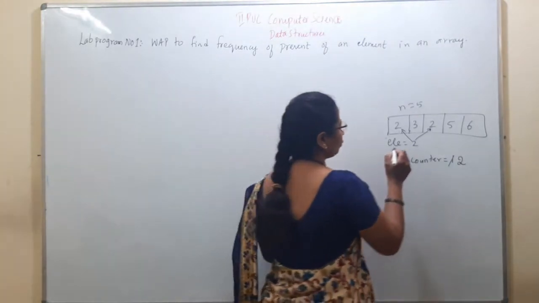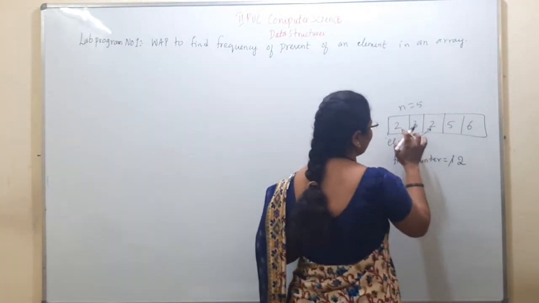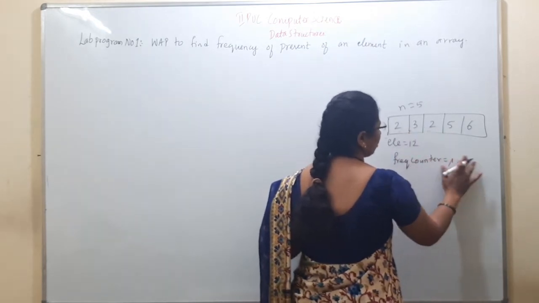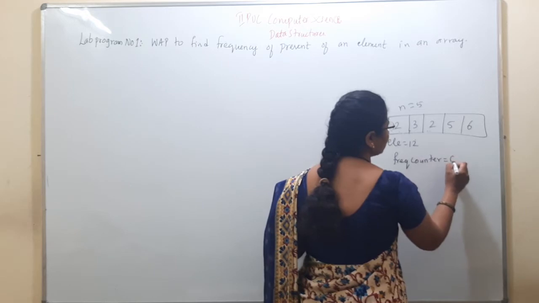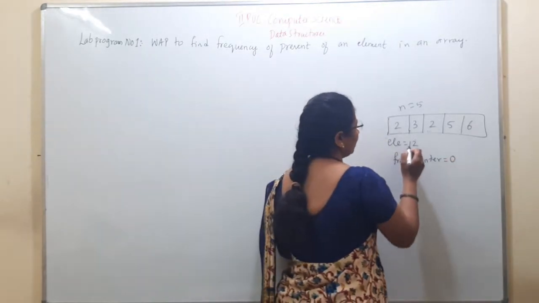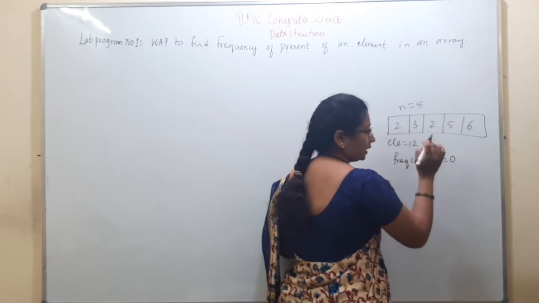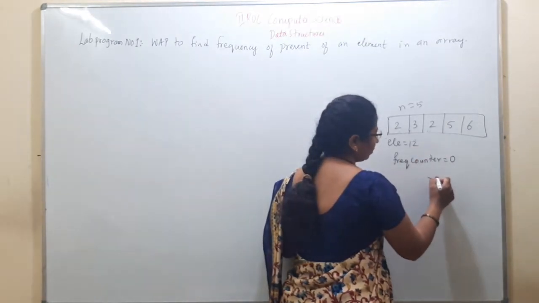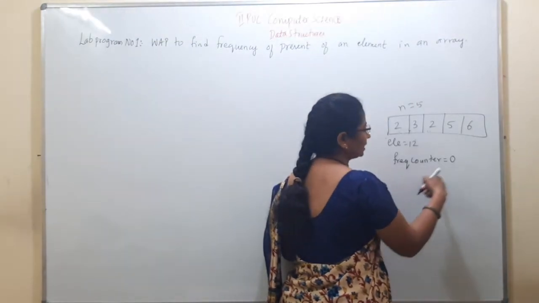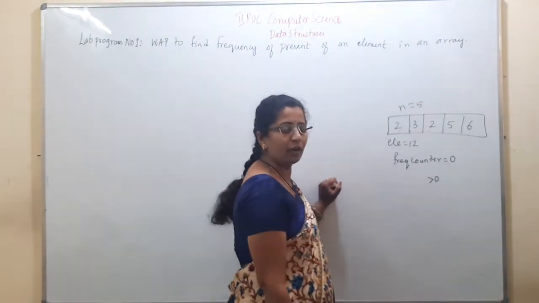Suppose I try to find element 12. Is there element 12 in the given list? It is not there. At that time your frequency count should be 0. If the frequency count is greater than 0, then the element is found. If it is 0, then the element is not found.